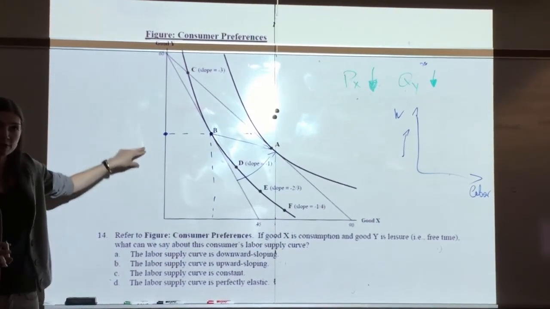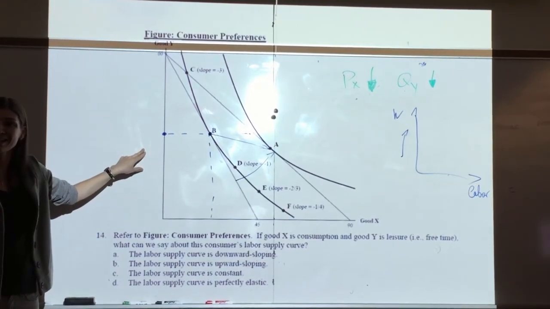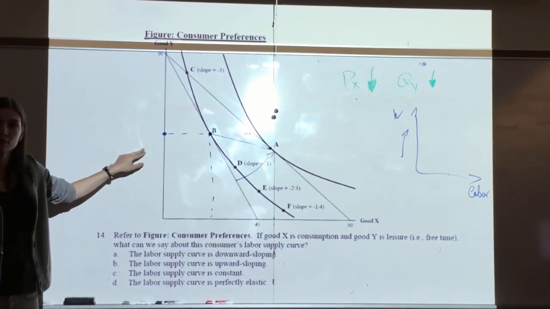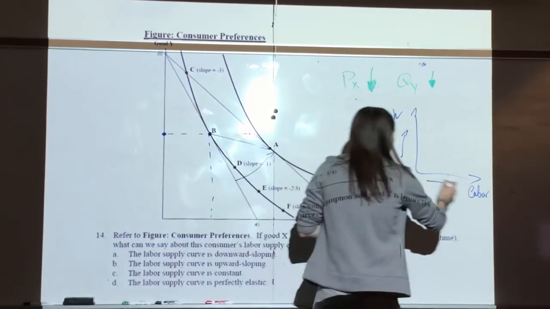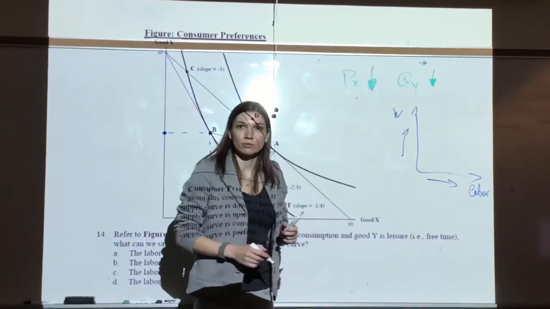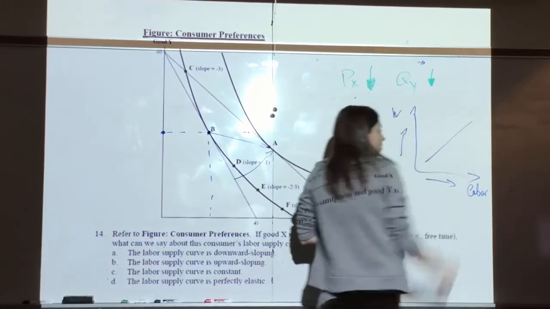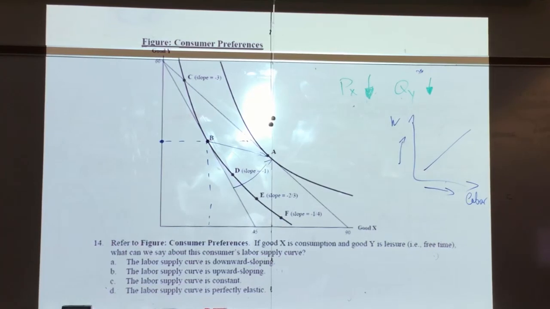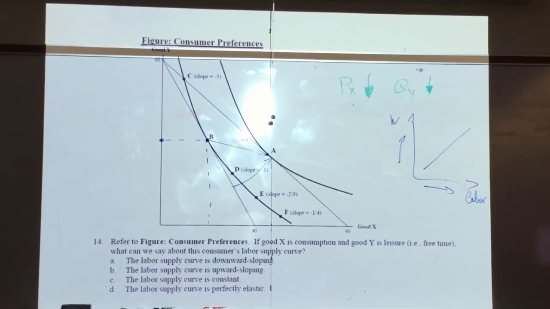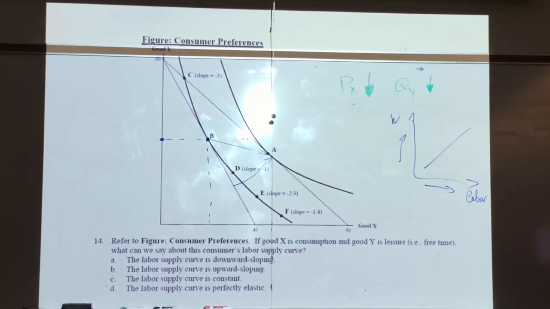My free time goes down, which means that I am working more. So basically, as wages go up, my labor goes up as well, which means an upward sloping labor supply. Agreed? Right. So let's do it.